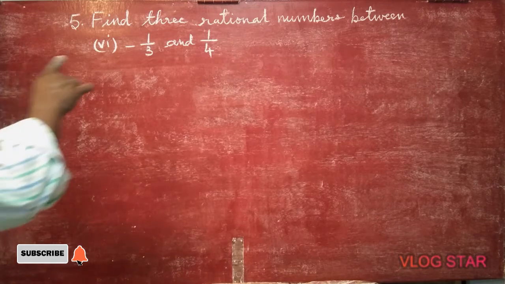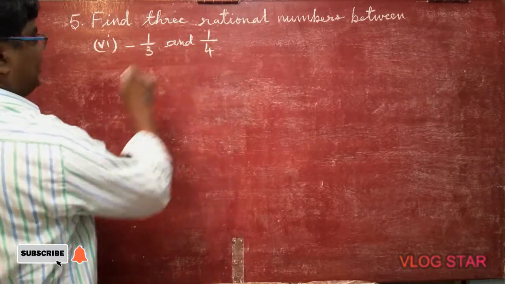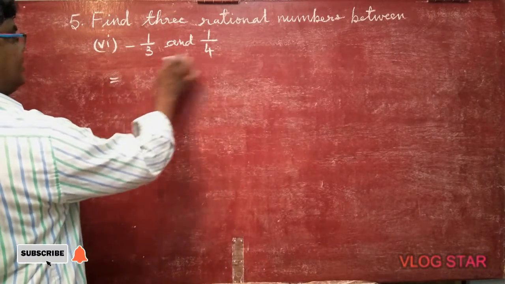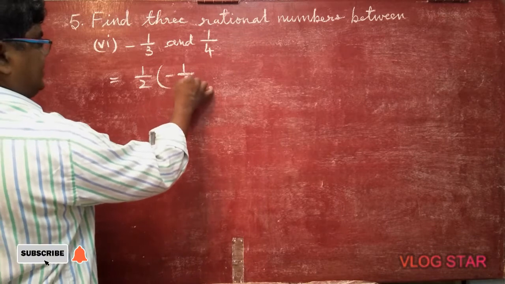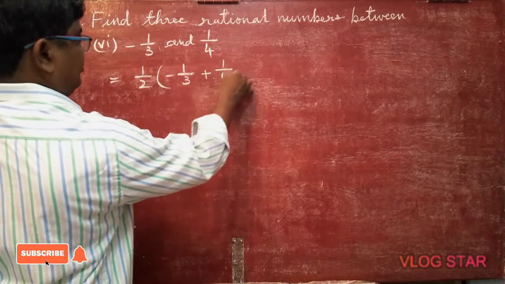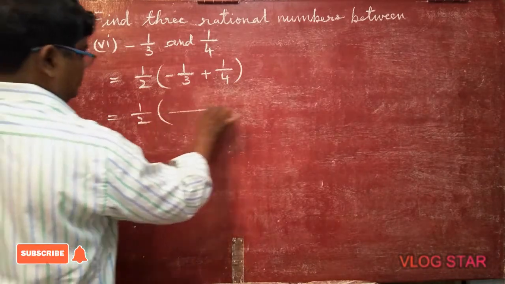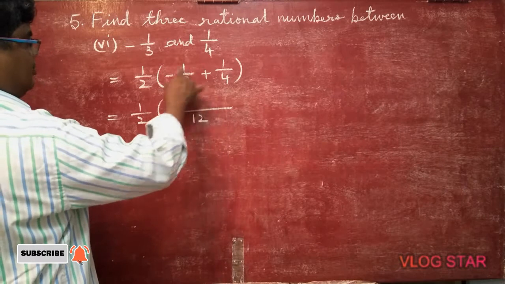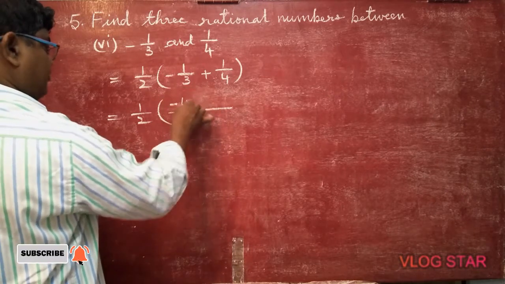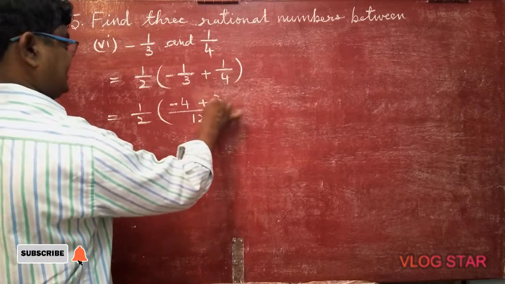Find the 3 rational numbers between minus 1 by 3 and 1 by 4. So between these two, half of minus 1 by 3 plus 1 by 4, that is equal to 1 by 2 into, 3 fours 12 will be the LCM. 3 goes 4 times, so minus 4; 4 goes 3 times, so plus 3.